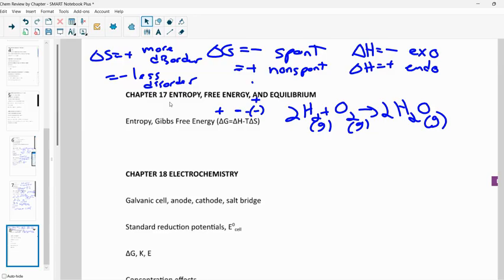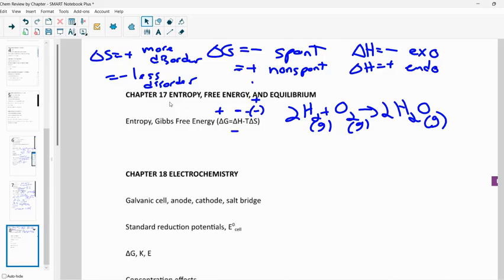Is temperature in Celsius or Kelvin? In here, Kelvin. Anytime you have to multiply something by temperature. The times that we use Celsius is when we do change in temperature, delta T, that could be Celsius or Kelvin, because 1 Kelvin is 1 degree Celsius. Okay.